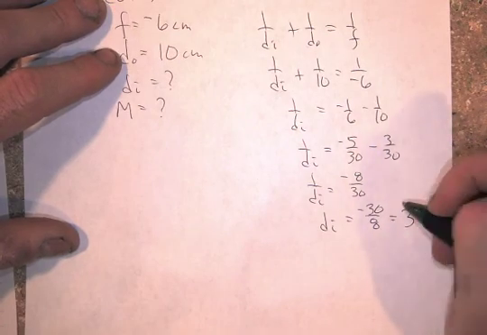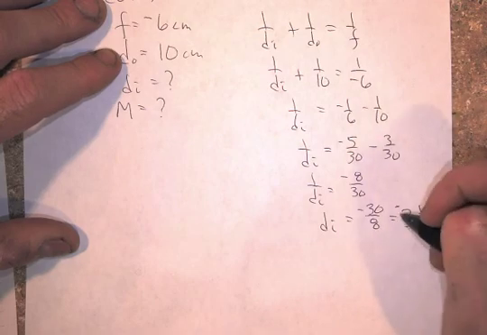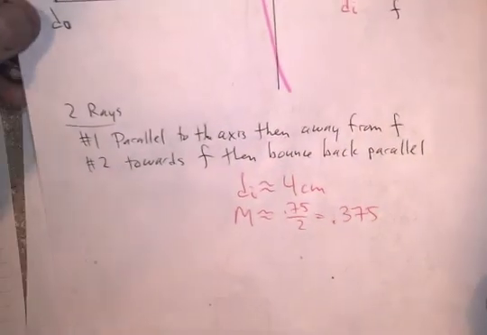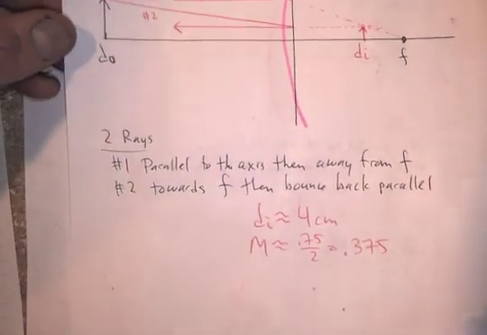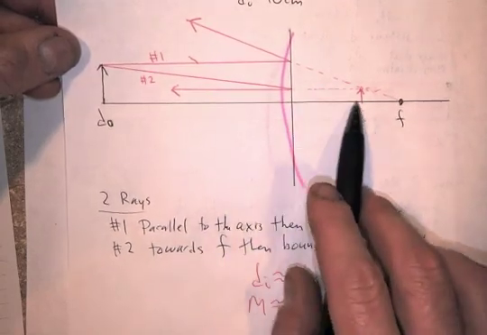Negative 3 1/2, isn't it? I believe that's what di is. Does that agree? I said 4. Okay, and it is behind the mirror, so technically that's why it's coming out negative here, because when it's behind the mirror, di is negative.